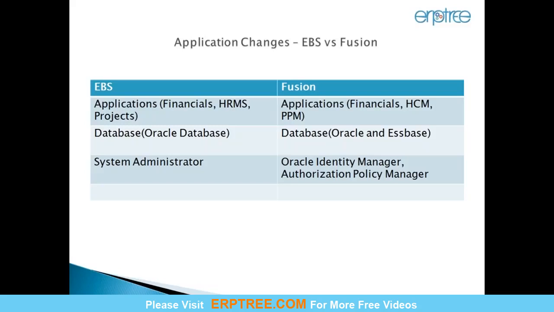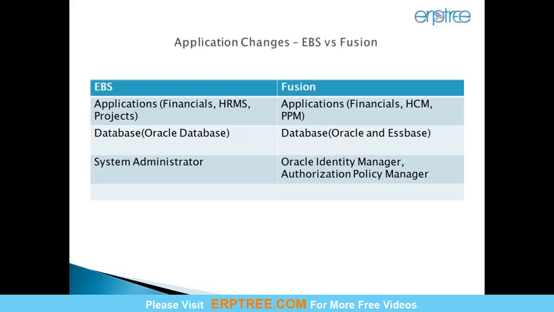Okay, so that is quite different in the naming convention, but whatever we used to have in an advanced way, the same flexibility of configuring our requirements and all those options we had, are similarly available here. The database used to be the Oracle database in the case of EBS, but here it is Oracle and Essbase. Essbase is again a new technology which has been adopted for our Fusion applications, which stores the data in its cubes, the way we have tables in the Oracle database.